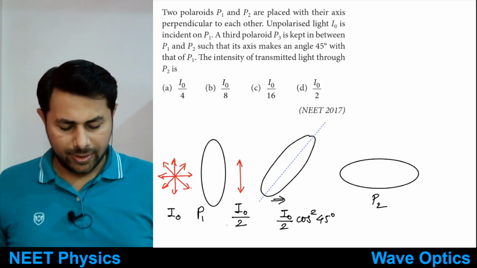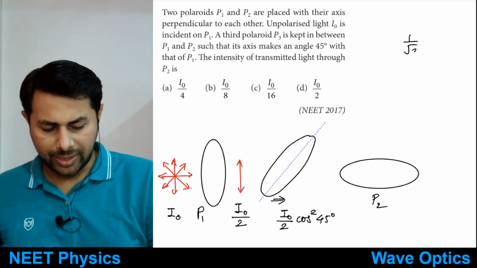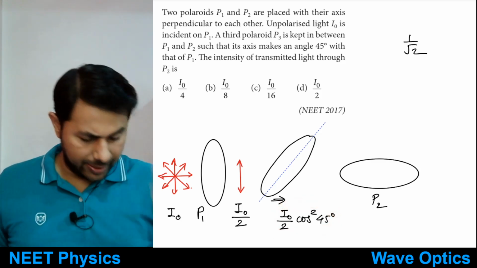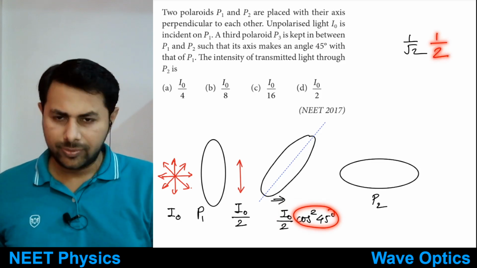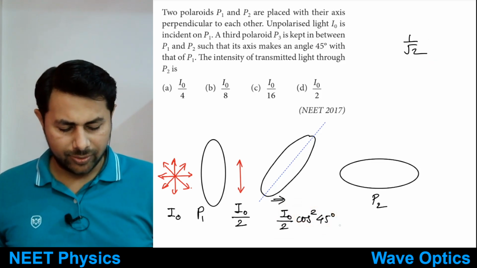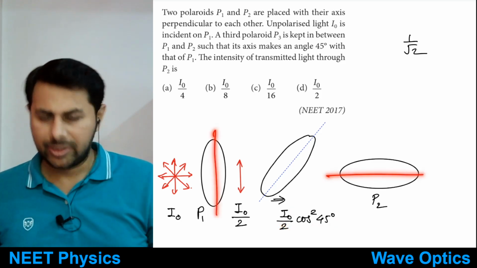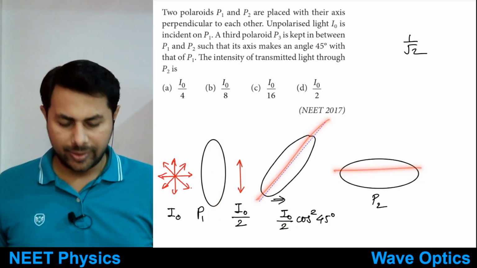We know cos of 45 is 1 divided by root 2, so cos square of 45 is 1 by 2. So the intensity coming out of this one would be I naught by 2 times 1 by 2, which is I naught by 4. And this one is at 90 degrees with respect to the first one, which means it is at 45 degrees with respect to the second one.